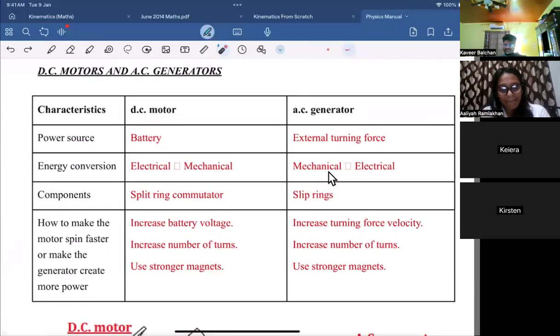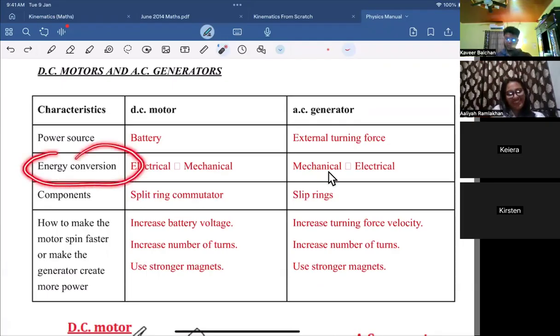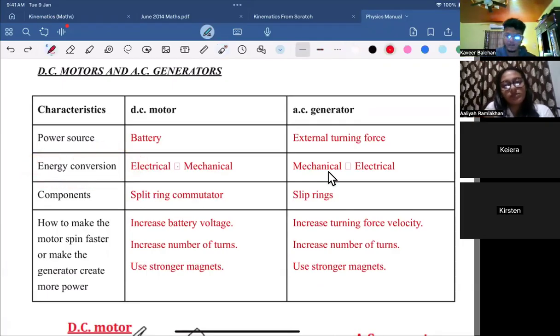So Justin, you continue reading. Energy conversion. The characteristics: the energy conversion of the DC motor is electrical to mechanical. You know why that happens? A DC motor, you supply it with power, and what happens to it?